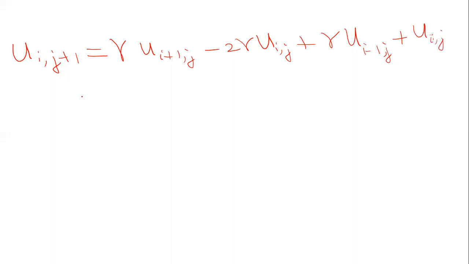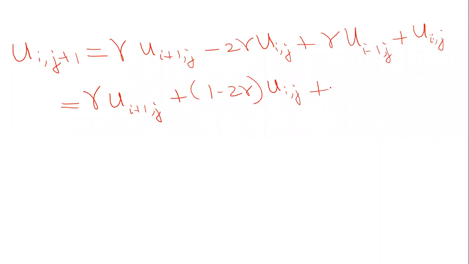So this will be gamma u i plus 1, j plus (1 minus 2 gamma) u i, j plus gamma u i minus 1, j.